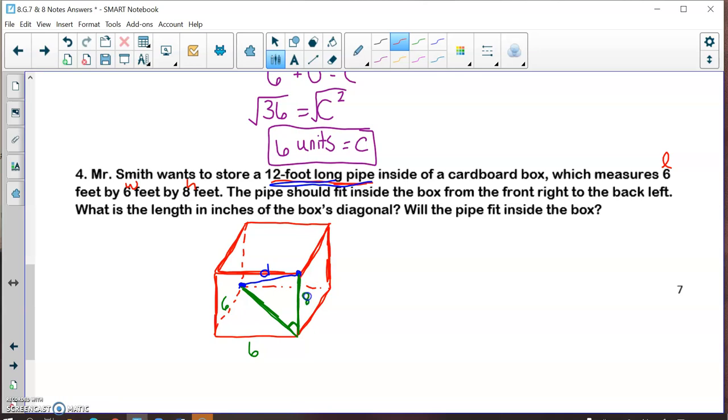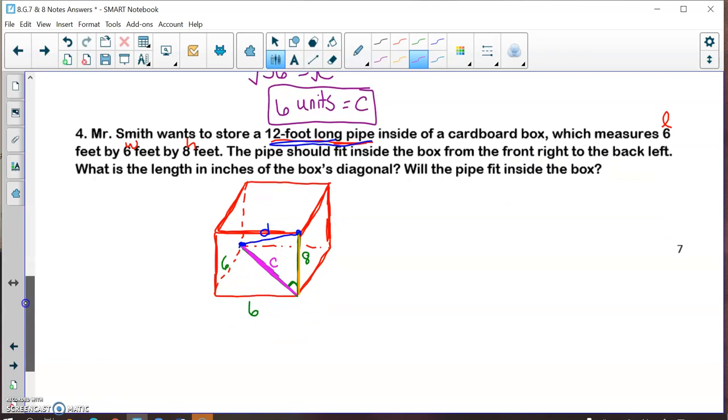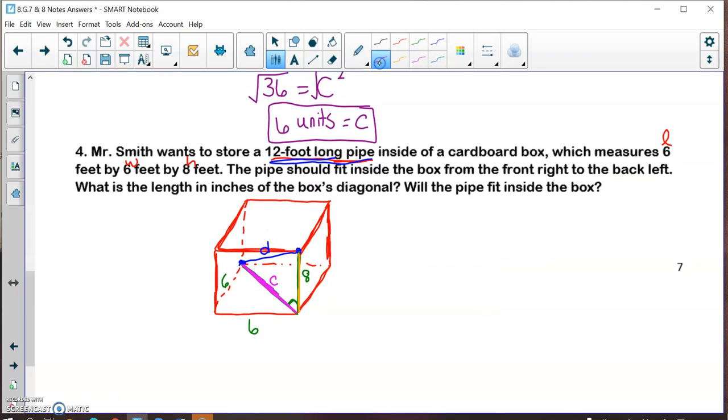So this yellow line is 8 on that right triangle with the blue diagonal, and this pink line down here, we don't know what that is, so I'm going to label that as C. On the right triangle that creates the diagonal, we don't have enough information to do that one yet.